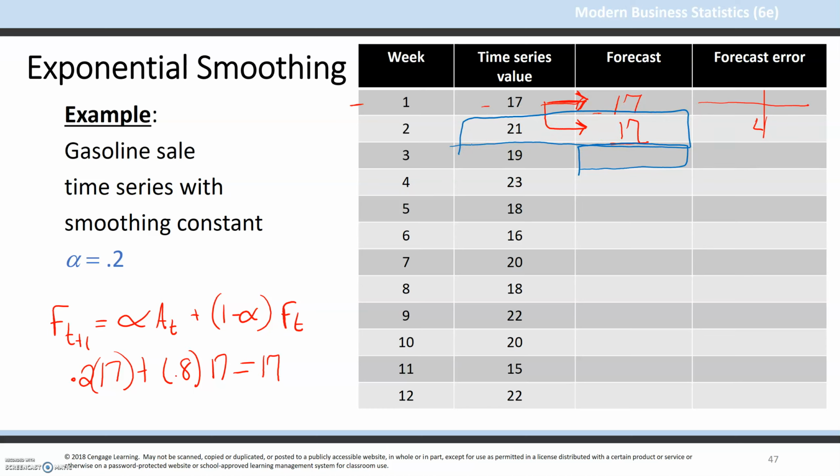So I'm going to follow the same format. For the forecast for time period 3, I'm using the data from the time period above it, time period 2, alpha of 0.2 times the actual, which was 21, plus 1 minus my alpha, 0.8, times the forecast of 17.